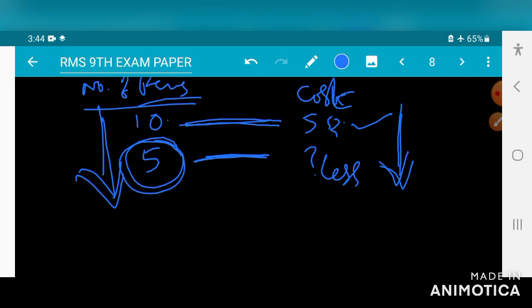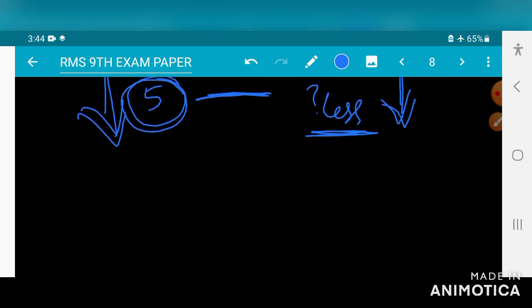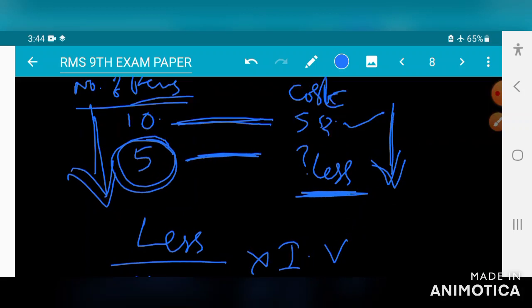So in comparison there will be less. When the comparison is less, the formula is less by more into individual value. Individual value means the given cost in the first condition.